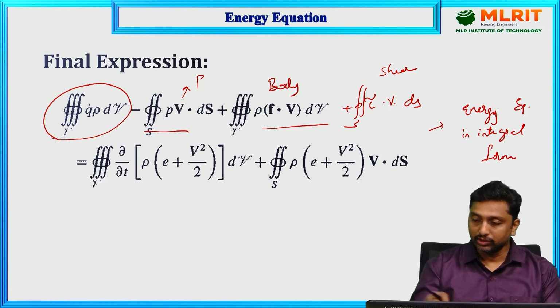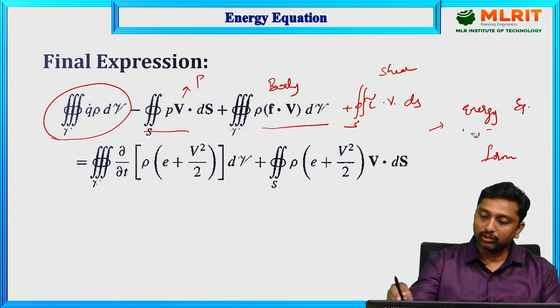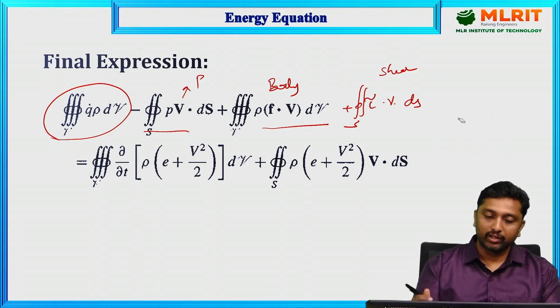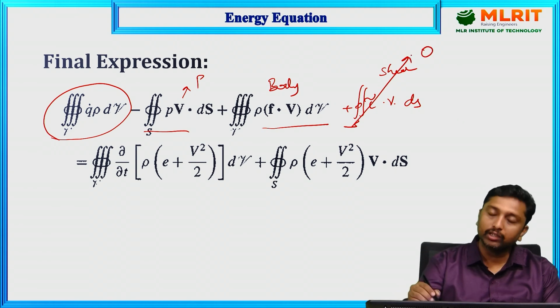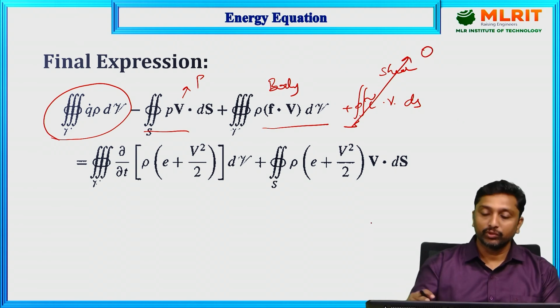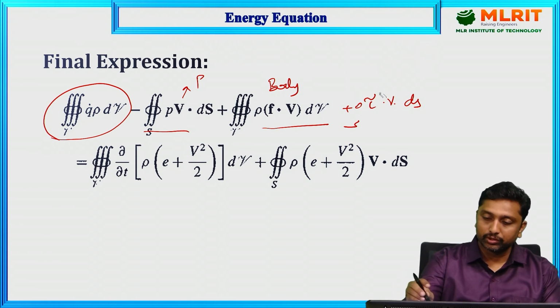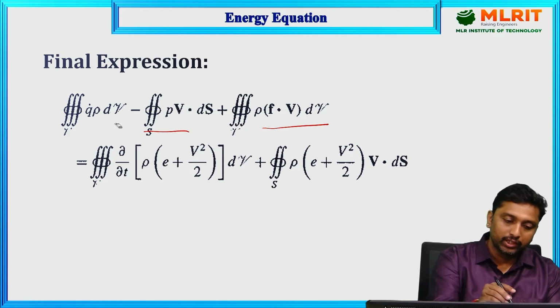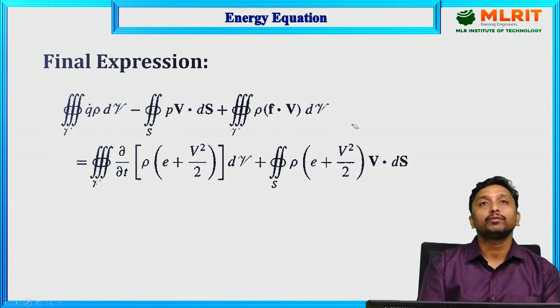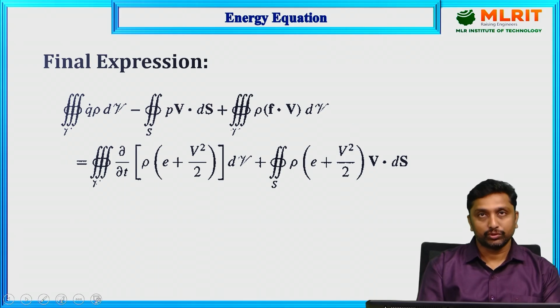Now if we consider flow to be inviscid, then the shear forces can be neglected and the equation can be reduced to this. Basically this is the expression for the energy equation for inviscid flows.